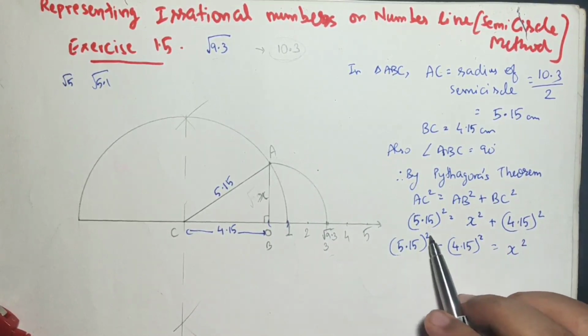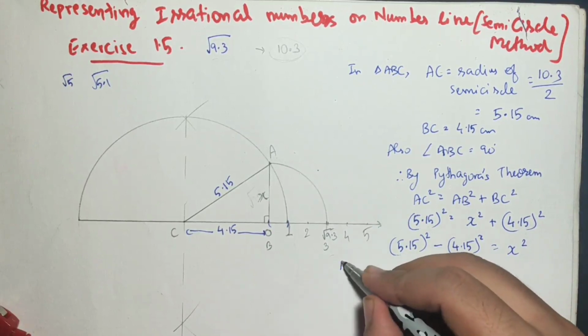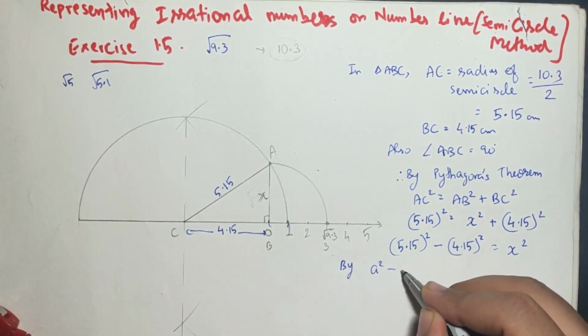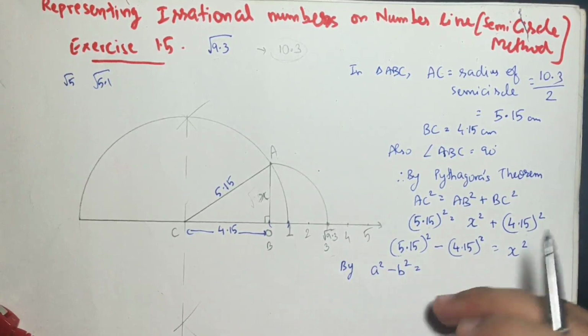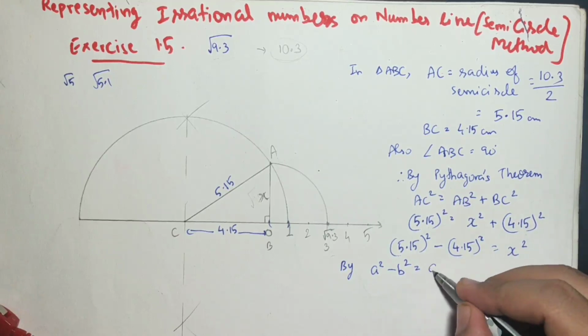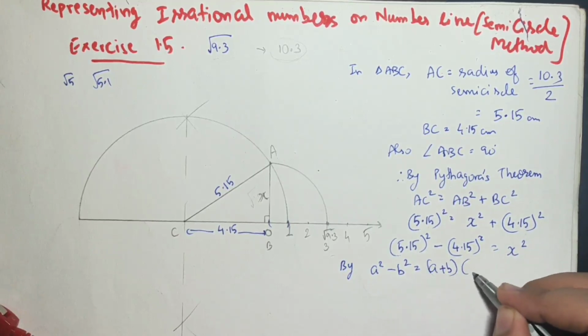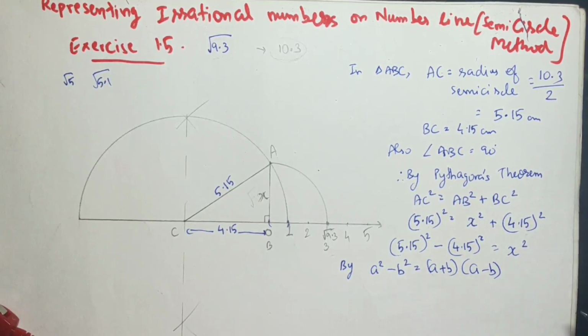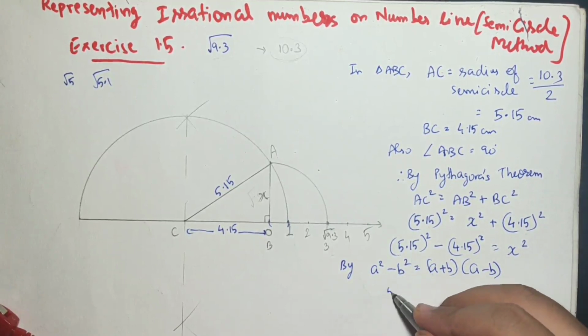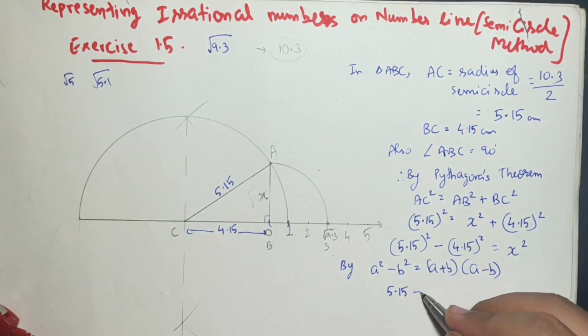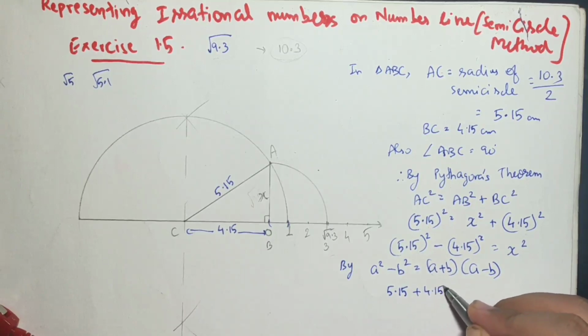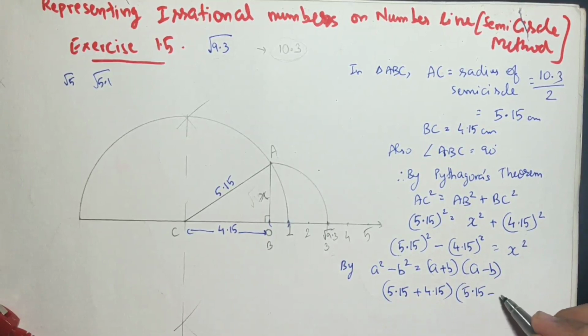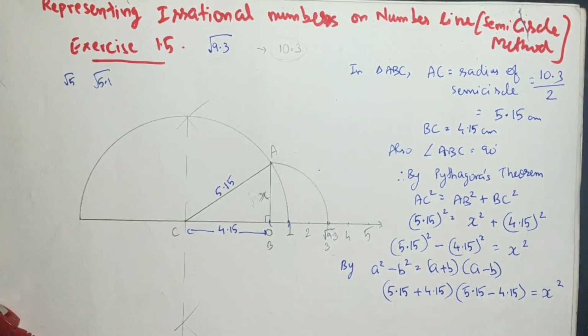As you can see, this is a square minus b square. What is a square minus b square? It is a plus b into a minus b. Similarly, it will be 5.15 plus 4.15 multiplied by 5.15 minus 4.15 equals x square.